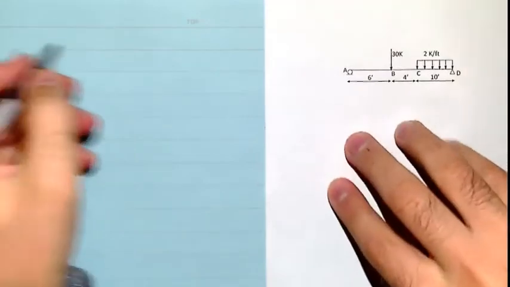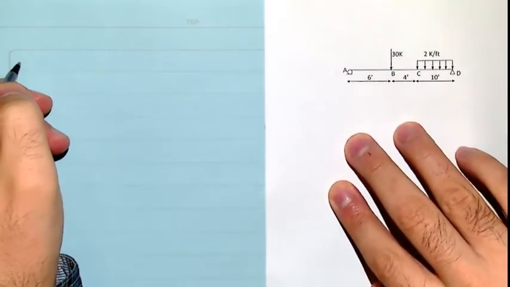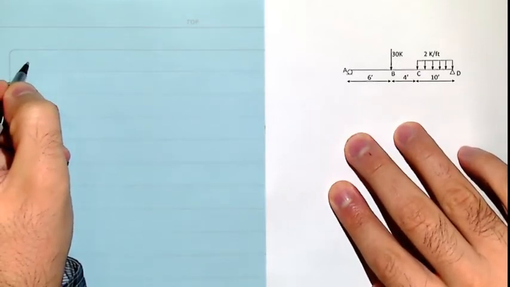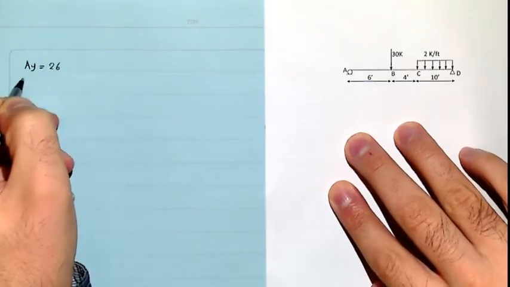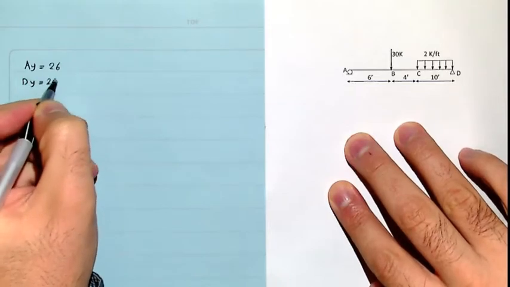In that case, we assume that we do the calculation of the reactions, and we derive the reactions. AY is equal to 26, and DY is equal to 24 kips.